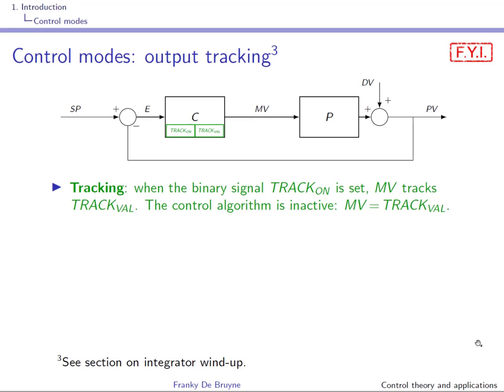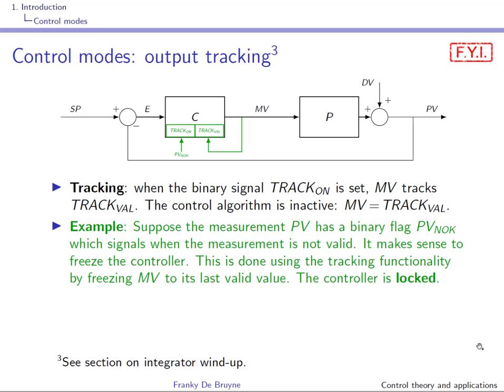When track on is set to 1, the control algorithm is inactive, and MV is equal to track val. I said that the control algorithm is inactive, but this has to be done in the proper way in order to prevent integrator wind-up. We'll see this later in the section devoted to integrator wind-up, in which we implement a controller that has this output tracking mode or interlock mode.